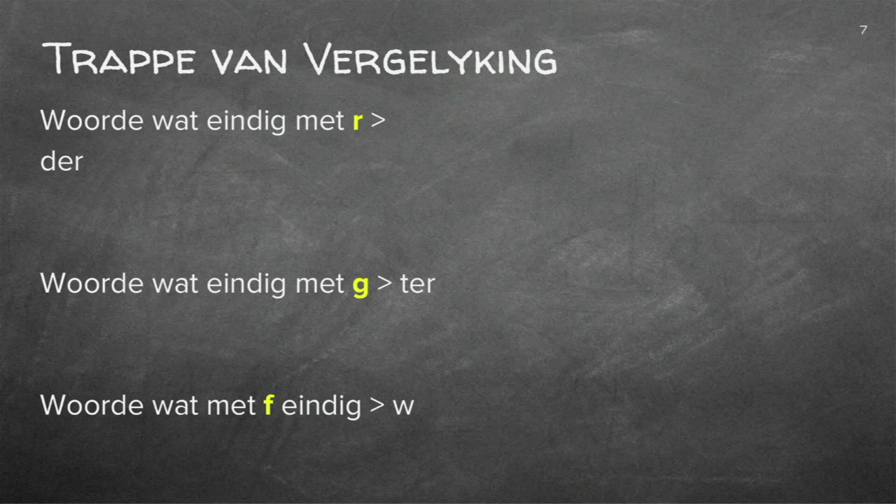Our exclusions, exceptions. If a word ends on an R, we're going to add der. For example, lekker becomes lekkerder.